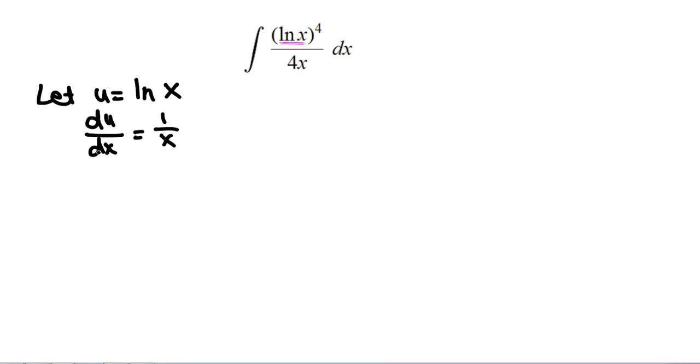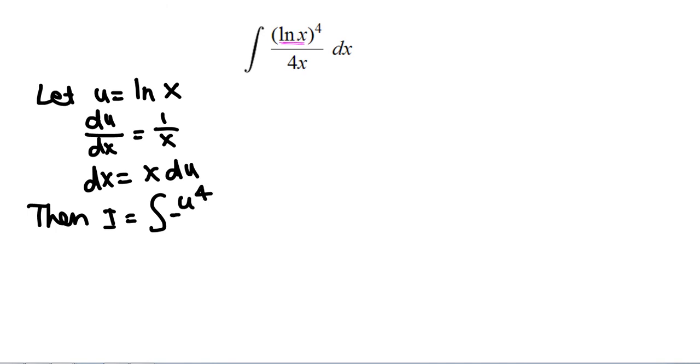Then dx equals x du. Then the integral is u to the 4th over 4x, times dx, and we just found dx to be x du.